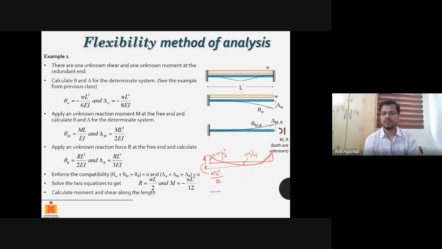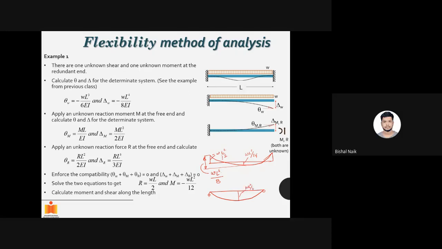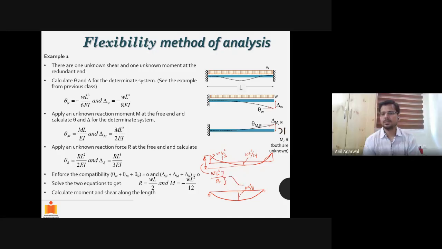You also appreciate this fact that if you have a simply supported beam, then the bending moment diagram looks like this. How much is that moment? WL square by 8. So this WL square by 8 is same as this WL square by 8. Can you appreciate why? What does it mean?